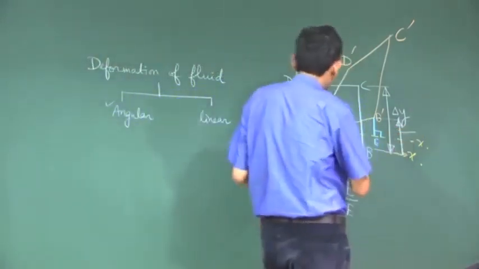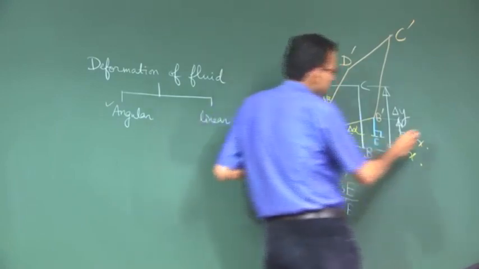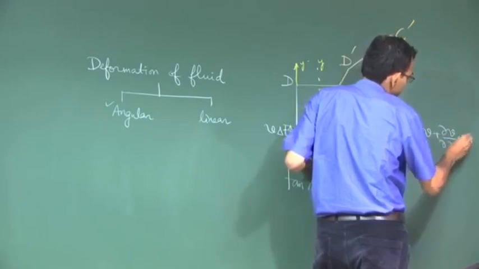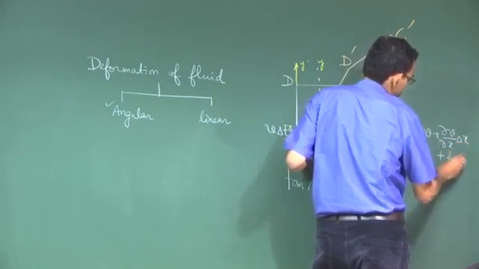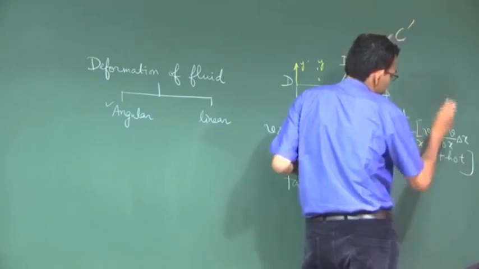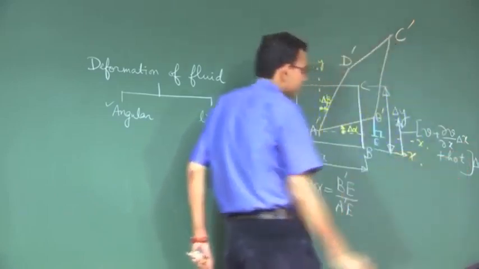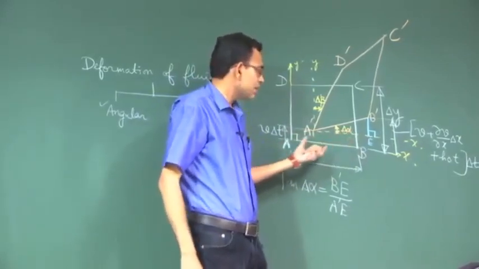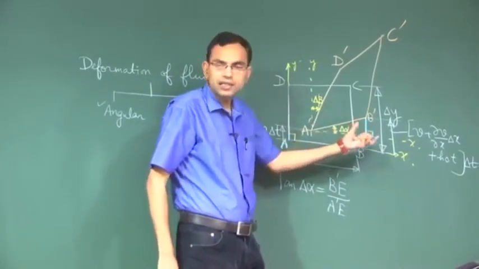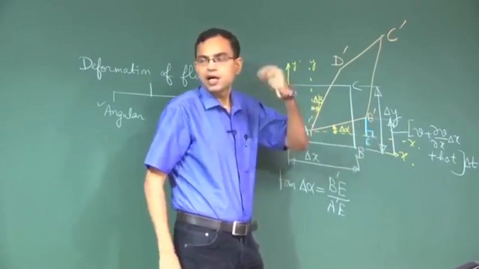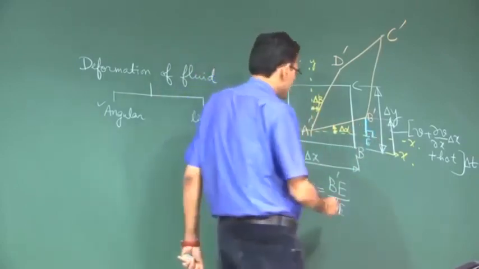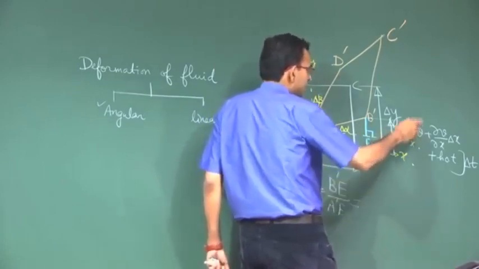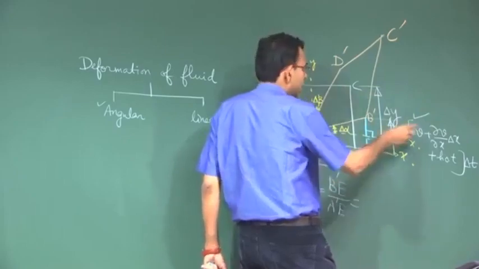If the velocity here is V, here the velocity is V plus del V del x times delta x, and this times delta t, and A dash E is delta x plus a little bit of change in delta x. So, delta x plus some change in delta x. If we write that, then B dash E is the difference between these two. So, V gets cancelled out.